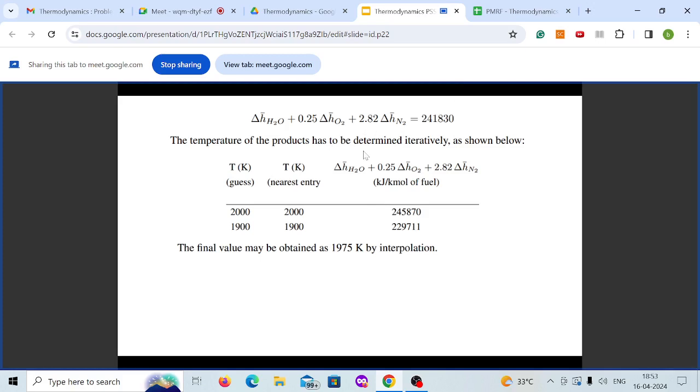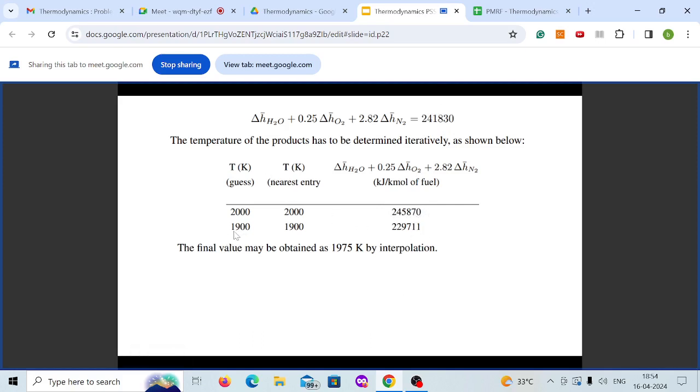So now we can assume some initial guess value to find the temperature. I assume it is 2000. Corresponding to 2000, when you substitute the delta H values of each of the components, we find it is 245,870. So this is higher than the actual value, so we reduce the temperature.